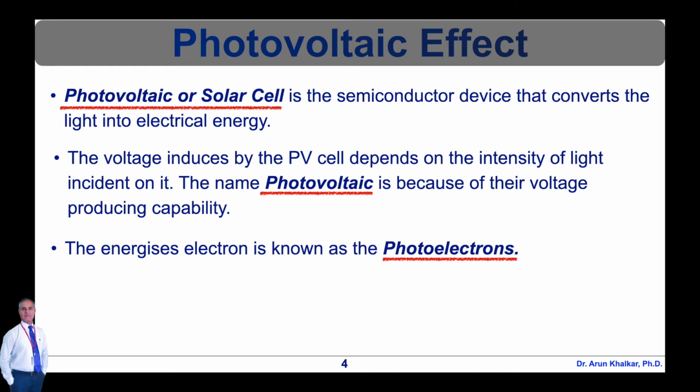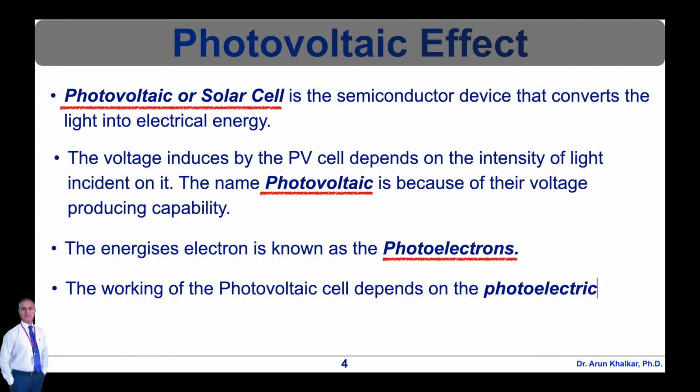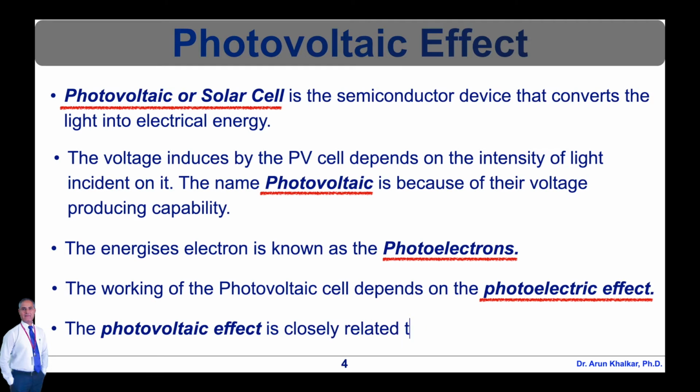The energized electron is known as a photoelectron, and the phenomenon of emission of electrons is known as the photoelectric effect. The working of the photovoltaic cell depends on the photoelectric effect. The photovoltaic effect is closely related to the photoelectric effect. So this is the difference between the photoelectric effect and the photovoltaic effect.